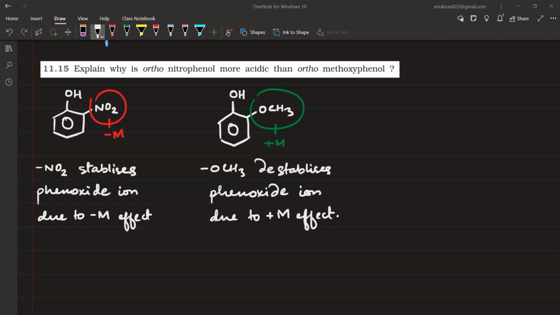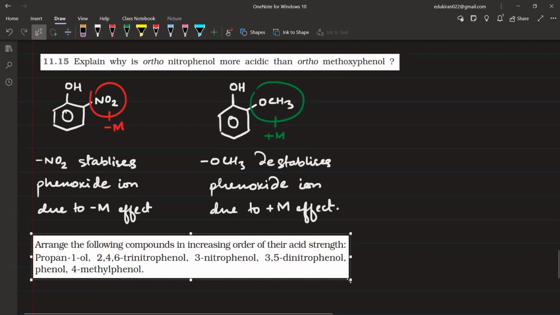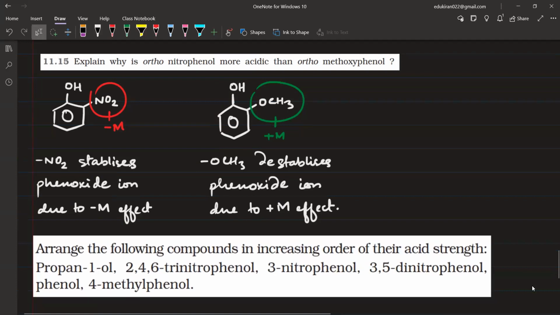Now there is one more question. Arrange the following compounds in increasing order of their acidic strength. Okay, so important thing here is that you should be able to write the structures.